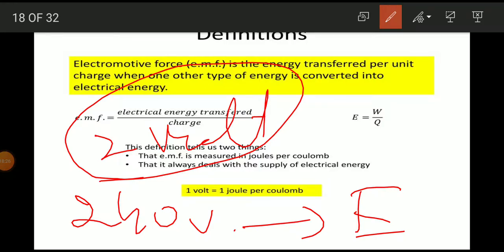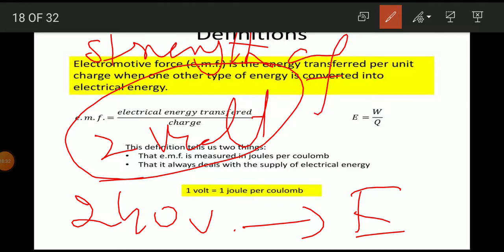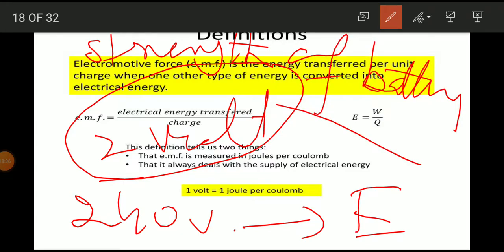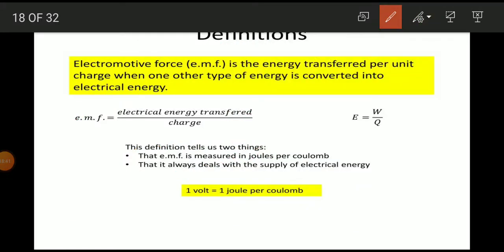The strength of the battery is called EMF. EMF is the strength of the battery. And for the energy used, for example, EMF is V plus Ir.